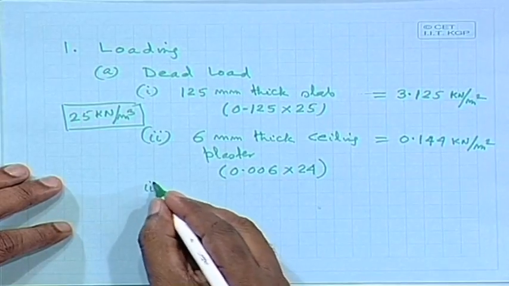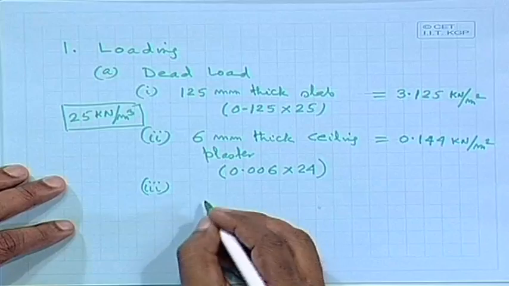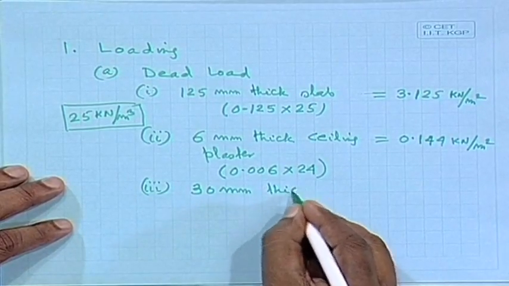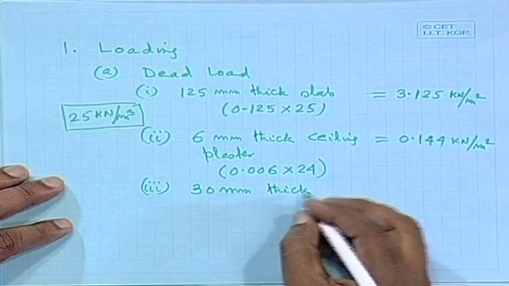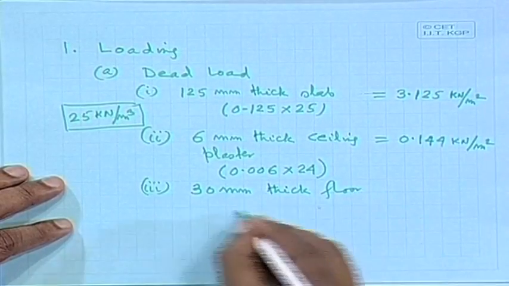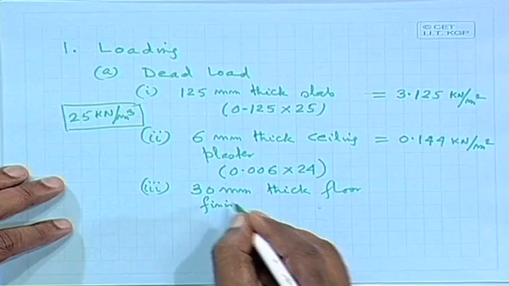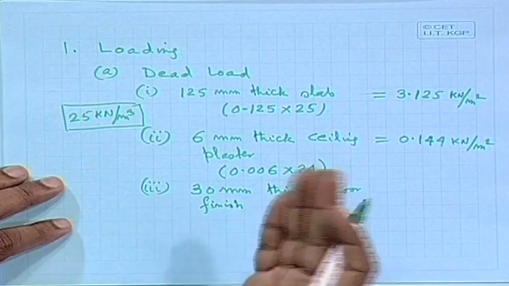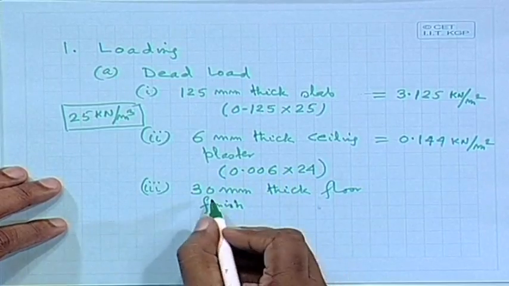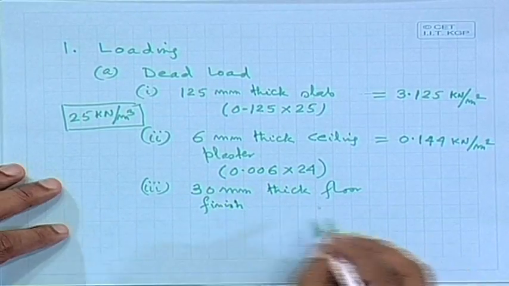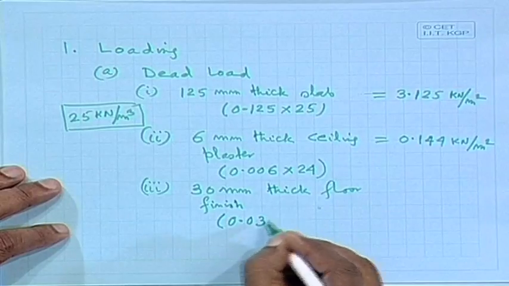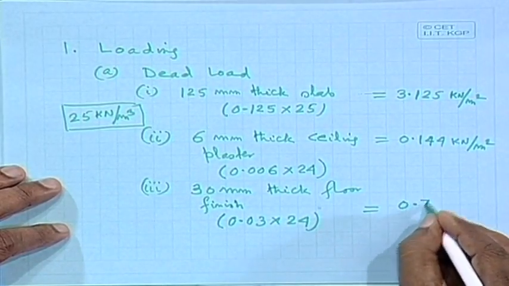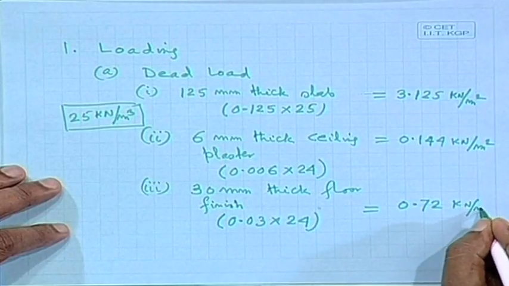Number 3, let us provide 30 millimeter thick floor finish. That means at the top we are providing the 30 millimeter thick floor finish. So, which comes as 0.03 times 24 equals 0.72 kilonewton per meter square.